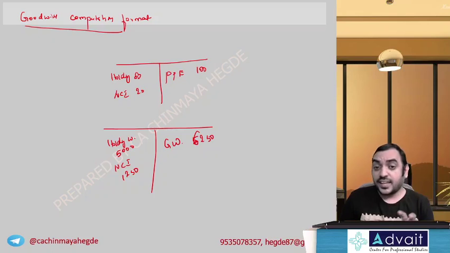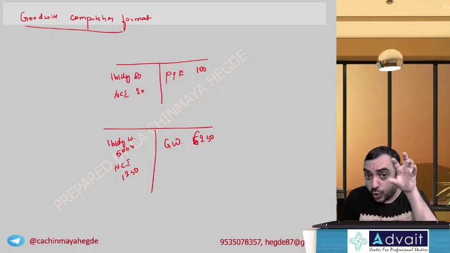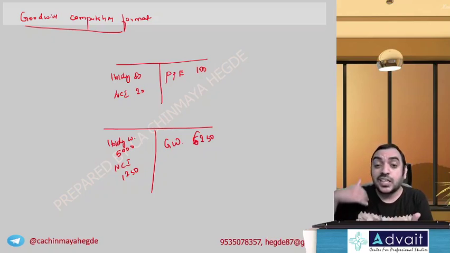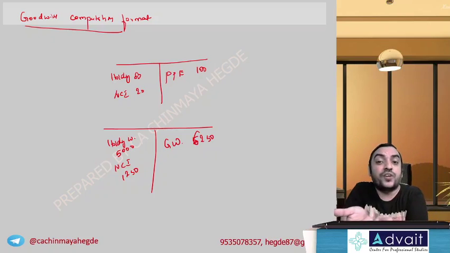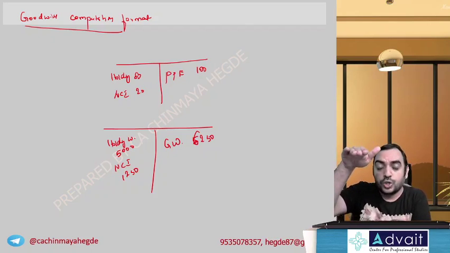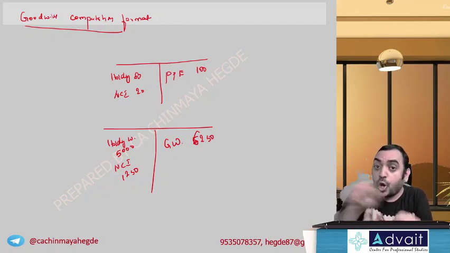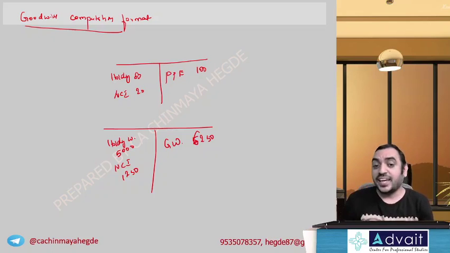So NCI includes an element of goodwill attributable to their share of 20%, so that overall goodwill is reported at 100%. If you don't include the goodwill belonging to NCI in NCI, then you are recognizing only the holding company's share, which is proportionate goodwill.